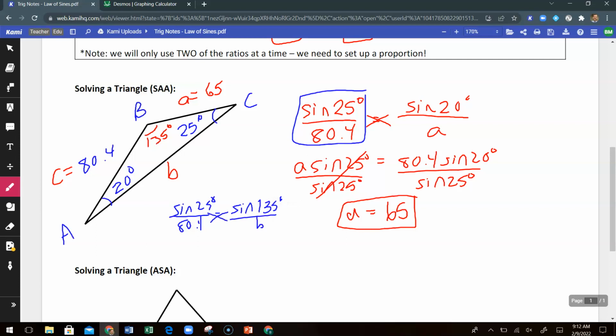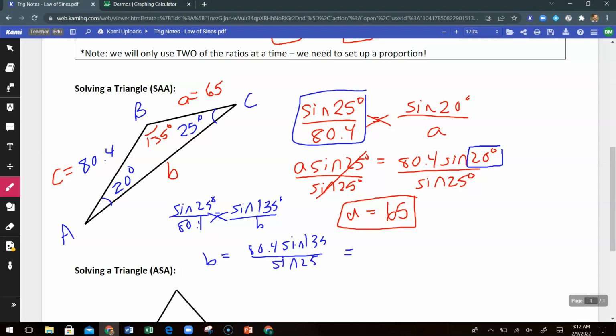I'm going to do my cross products again, and I'm going to end up with essentially the same thing, except this angle that I did have that was 20, now that's going to be 135. So B is going to be 80.4 times the sine of 135 divided by the sine of 25.